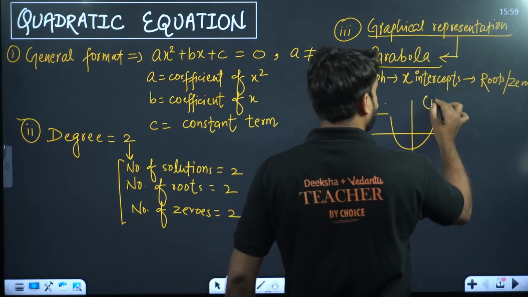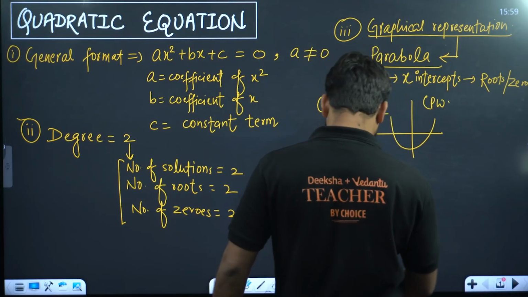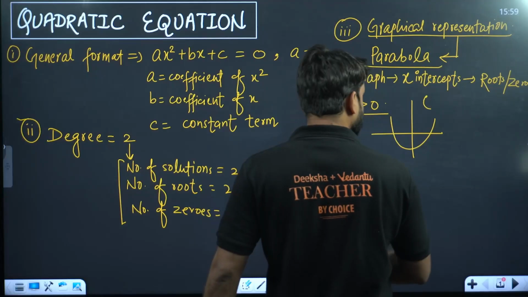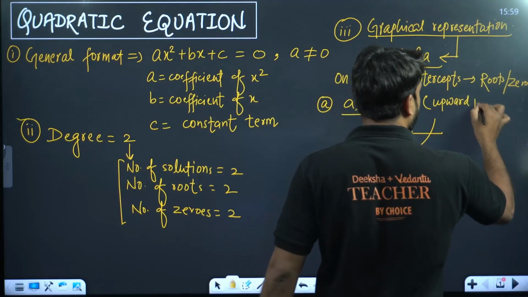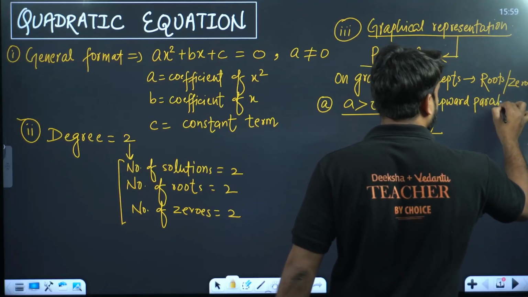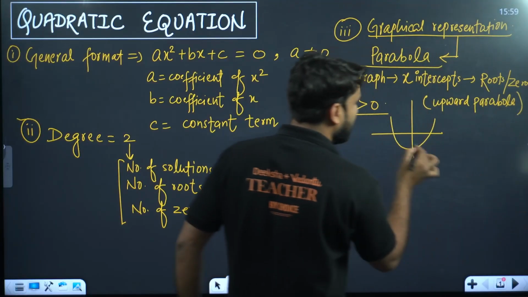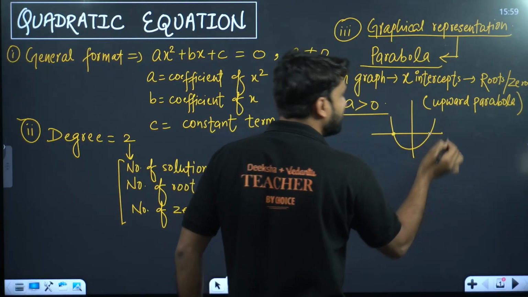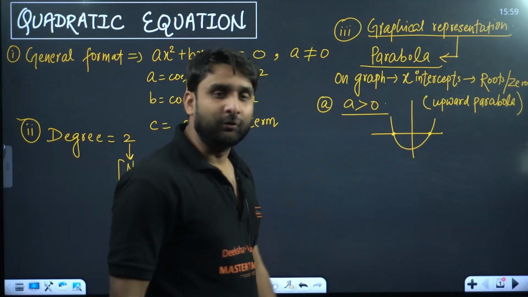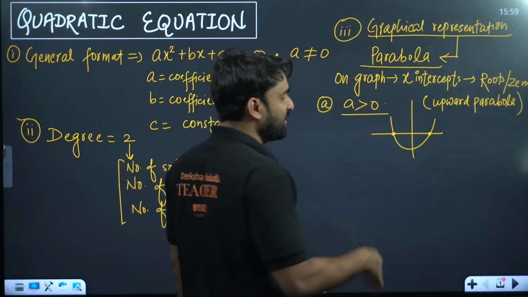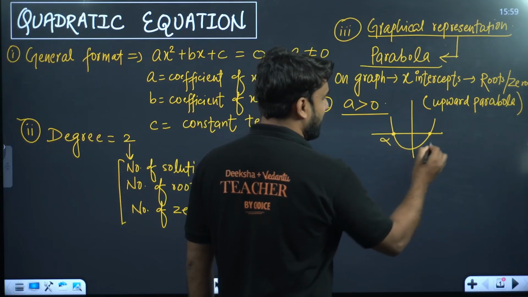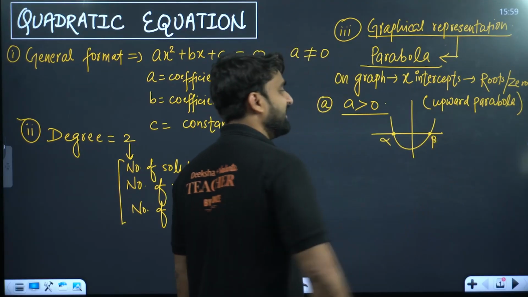So we can write here, when a is greater than 0, upward parabola. And can you observe here, champion? Two intersecting points are there. Both are roots. In general mathematics, in a quadratic equation, we call one root alpha and the other beta. So this is alpha and this is beta.